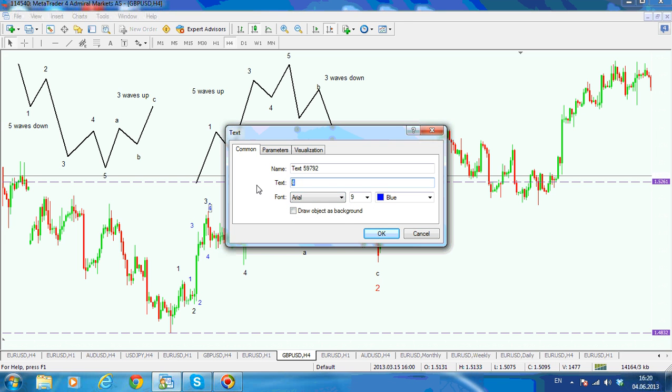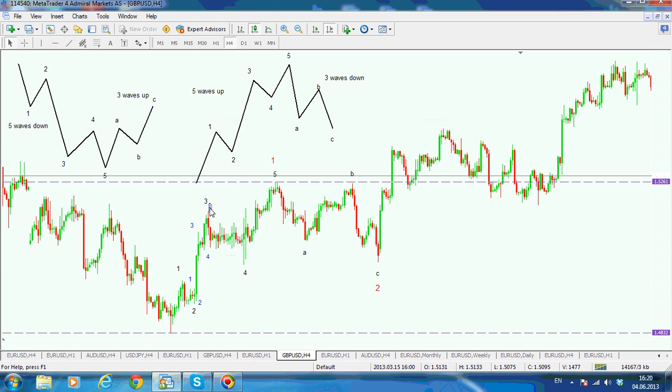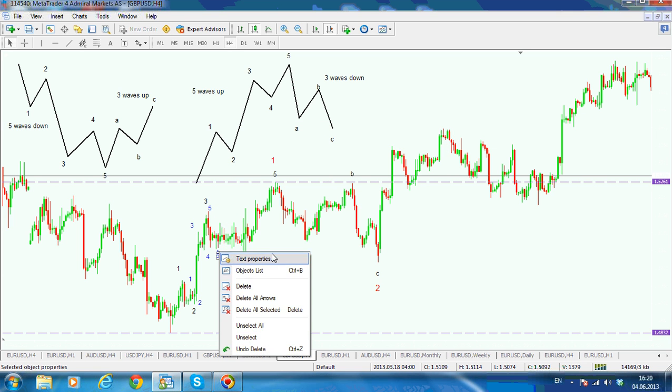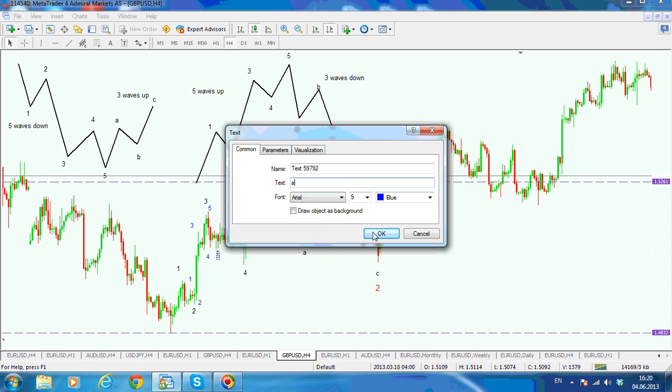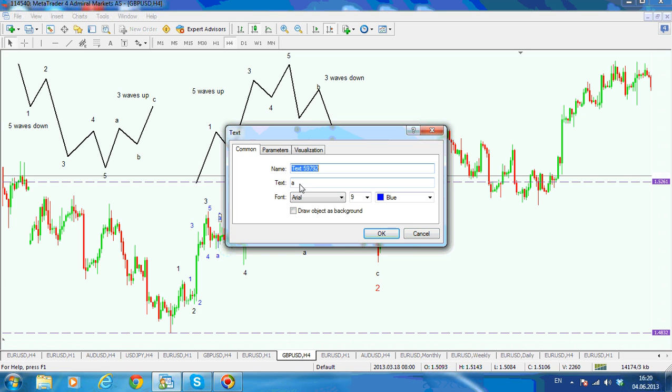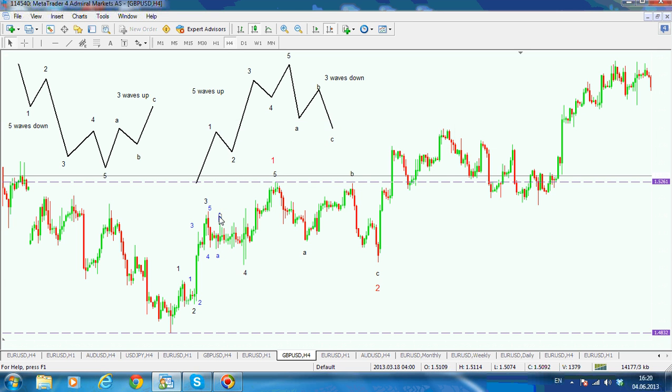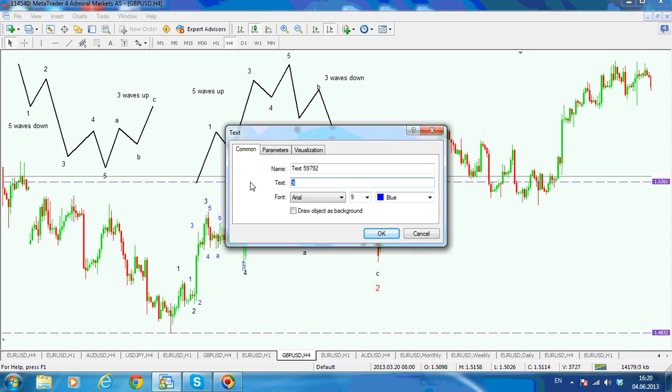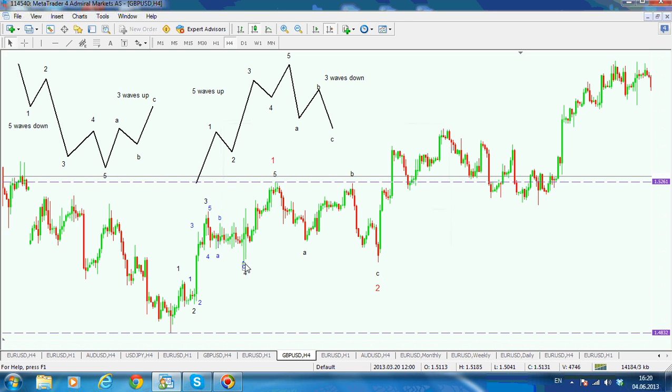So 1, 2, 3, 4, 5, corrected with A, B, and C. So again, five waves up black, 1, 2, 3, 4, 5, corrected with A, B, C black. 5 waves up blue, 1, 2, 3, 4, 5 of a smaller degree, corrected with A, B, C.